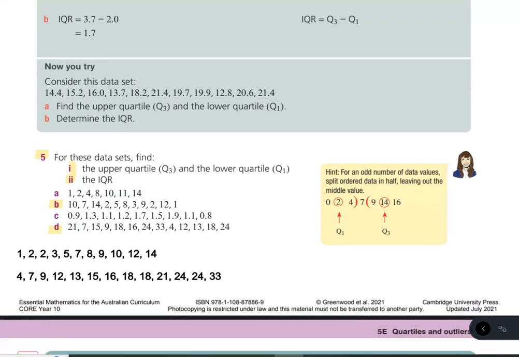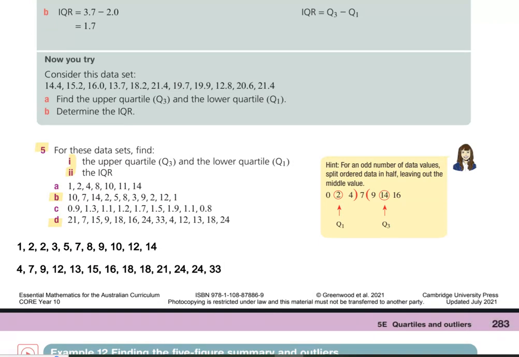Now I'm only going to do the highlighted ones for 5, because you've got to get these numbers in order, and I think we probably understand what's going on already. So this is B. Find the upper quartile and lower quartile. 1, 2, 3, 4, 5, 6, 7, 8, 9, 10, 11. 11 numbers. So that means the middle of 11 will be the 6th one.